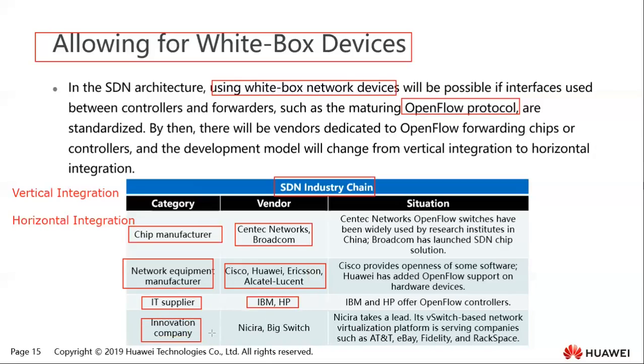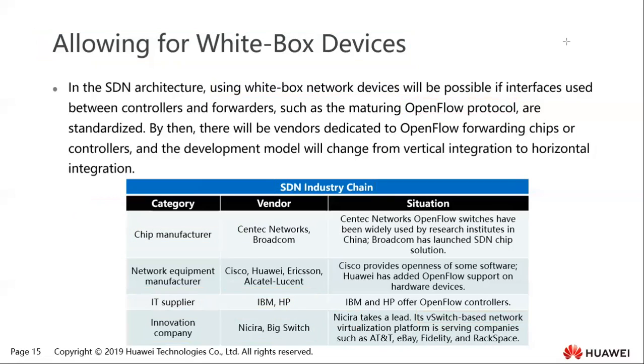And we also have certain innovation companies such as Big Switch that are used for creating virtualization, for example, Nicira. Nicira takes the lead. It's a vSwitch-based network virtualization platform, serving companies such as AT&T, eBay, Fidelity, Rackspace, etc. So that is it about the SDN industry chain.